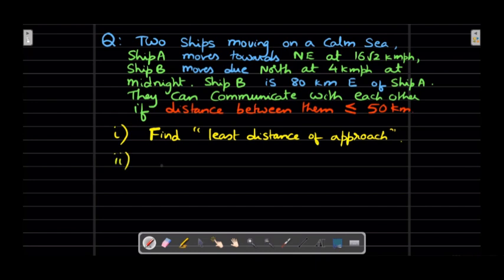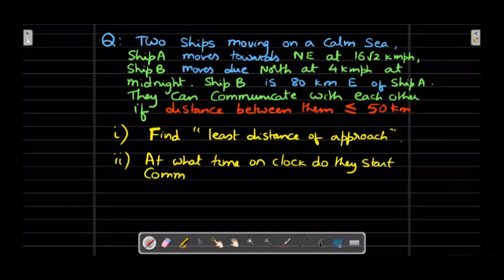Second one, at what time on clock do they start communicating? Okay, right. Last one.